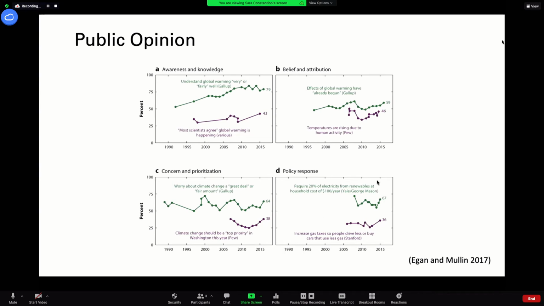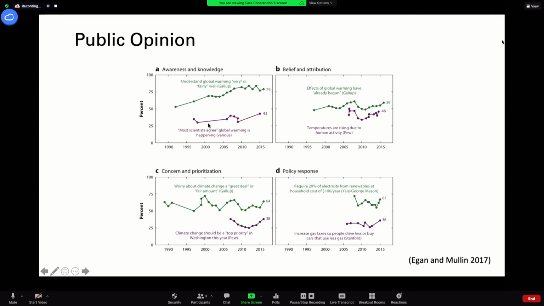Okay, so we can see reflections of this kind of complicated problem show up in these public opinion polls. These are not separated by party now, and they only go up to 2016. But the thing I wanted to point out is that you see trends where, for example, awareness of climate change or global warming has grown from around 50% to about 4 in 5 people.